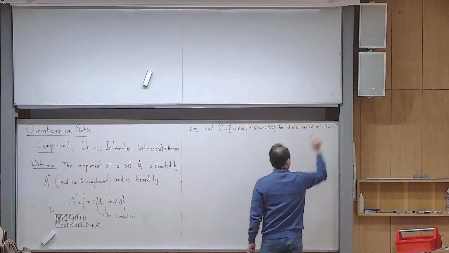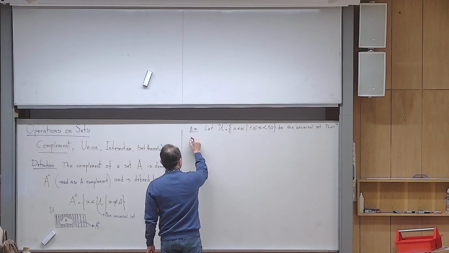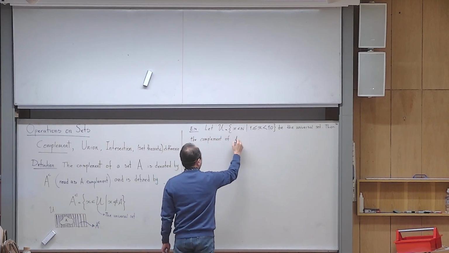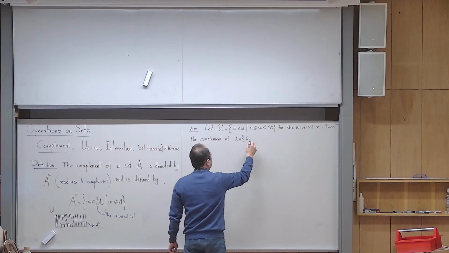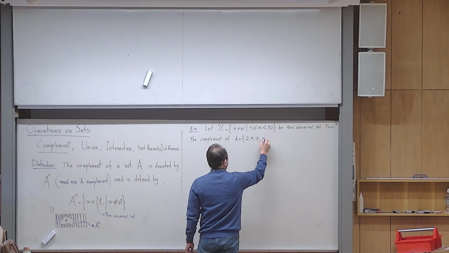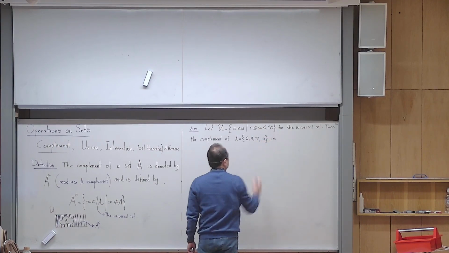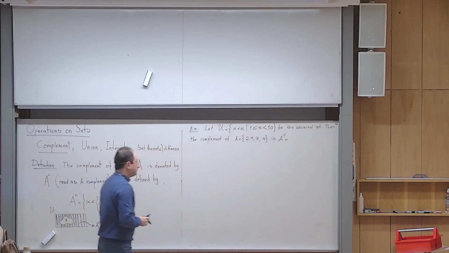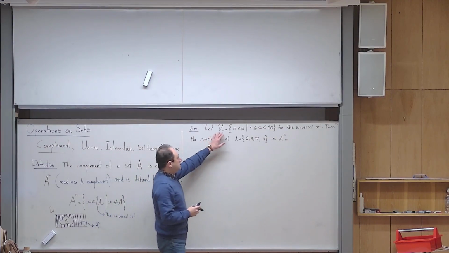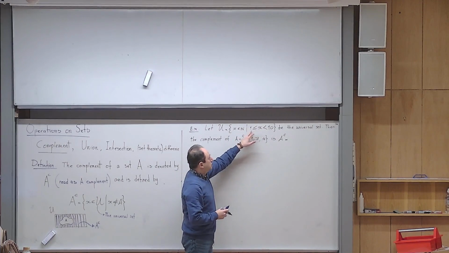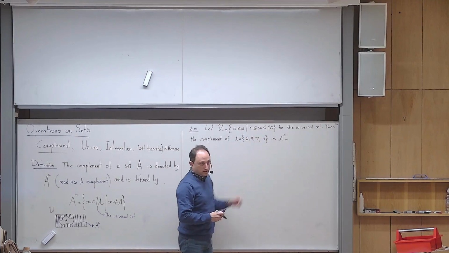Then the complement of, for example, A is {2, 9, 7, 4}, so what is the complement of this? The universal set includes natural numbers that are greater than or equal to 1, but strictly less than 10.